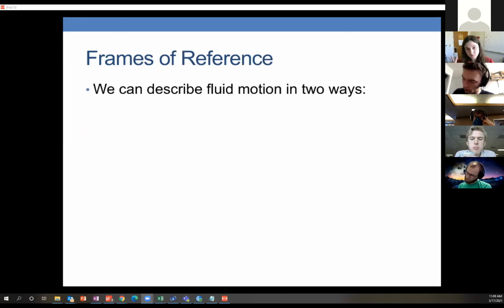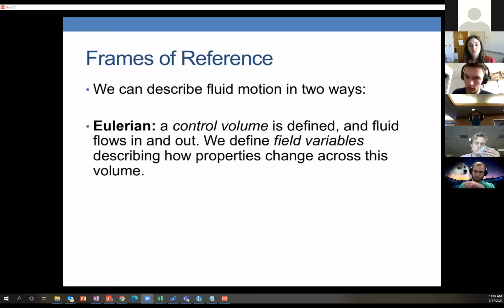Okay. There's two basic ways of looking at this that are commonly used. One is called the Eulerian description of fluids, after Euler, a mathematician. So we define some control volume, a volume in space, and fluid comes into it and out of it.